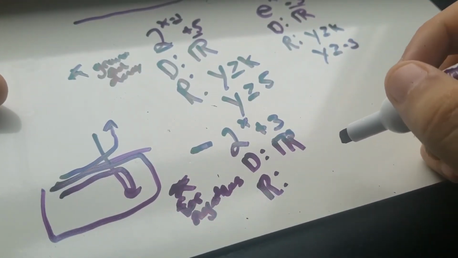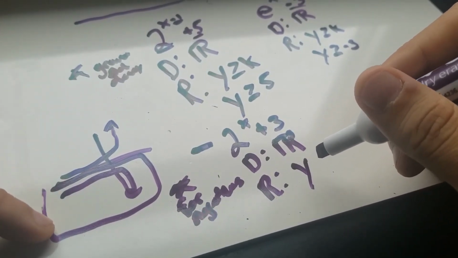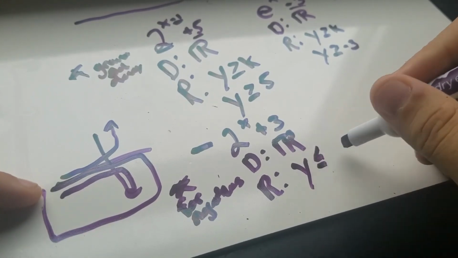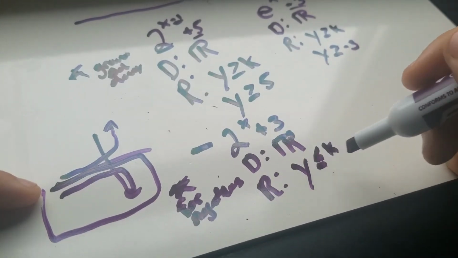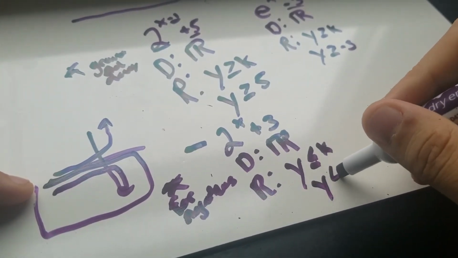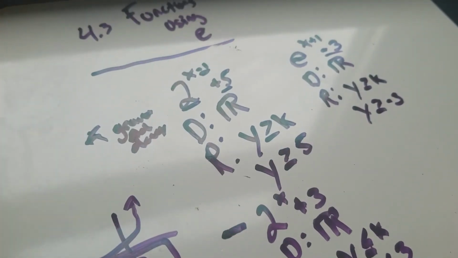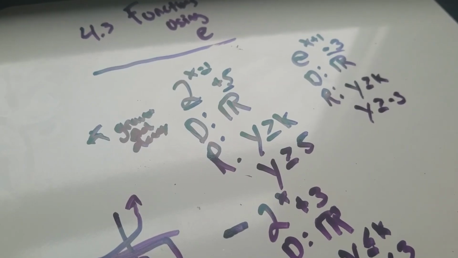The range is going to be y. Notice it's below 0 in this case. So we're going to think of it as y is less than or equal to k. So when it's negative, you flip the inequality here. So this, in this case, is y is less than or equal to 3. So that's how you identify your domain and range in both growth and decay functions.